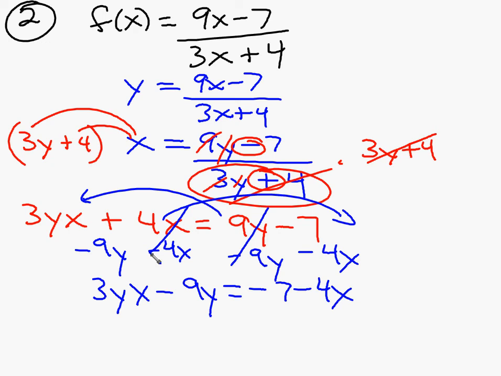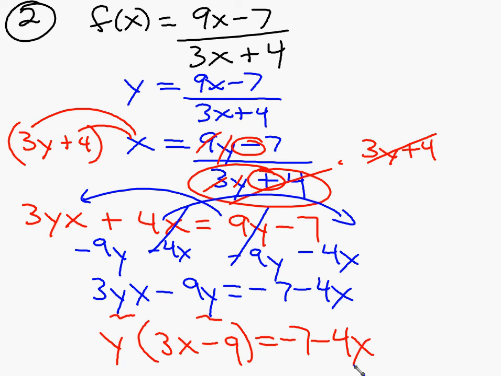So now we're going to use a little bit of backwards distributive property. I have a y term there, I have a y term there, I can factor out a y. So if I pull out that y, I have y times (3x minus 9) equals negative 7 minus 4x.